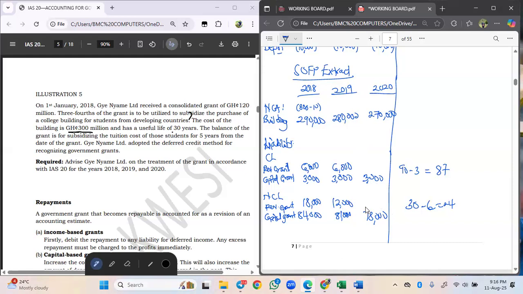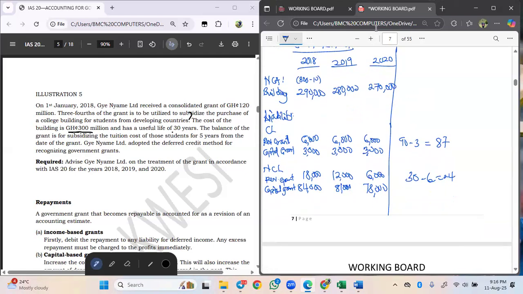The remaining 6,000 will be released in the next year, that's 2022, but we are not showing that one. So that's how you treat it. I hope you are okay with it. If you get this concept, you are good to go.